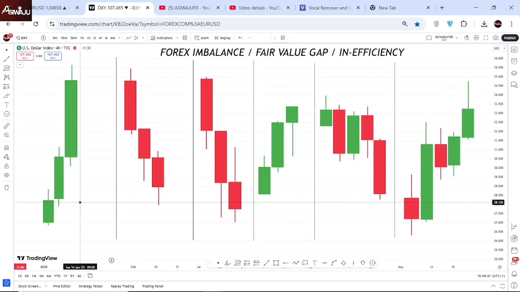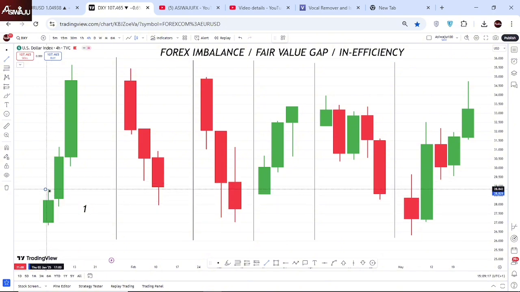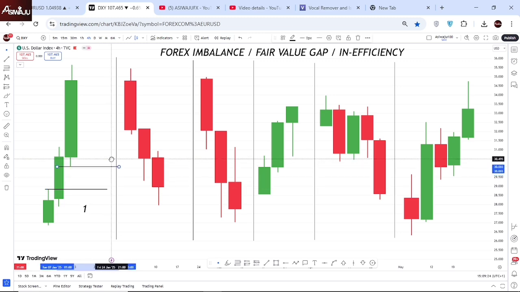First example we have here. When you look at this tail candle, you mark out the high of this wick, and you also mark out the low of this wick.